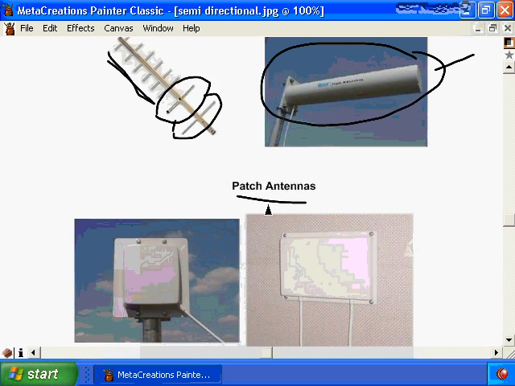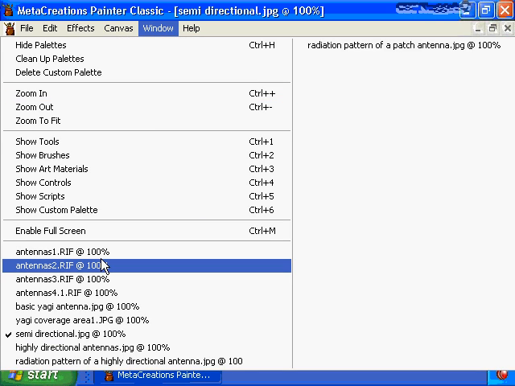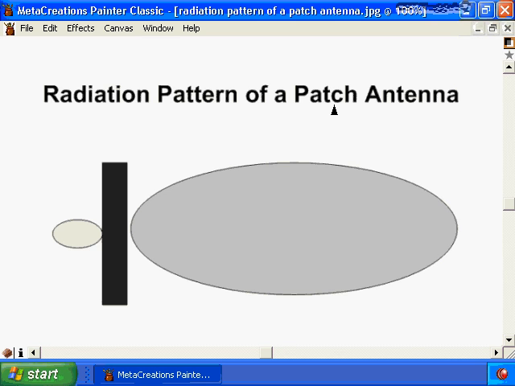Let's take a closer look at this by bringing up another whiteboard that illustrates the radiation pattern of a patch antenna. So we can see here from this illustration, this being the actual patch antenna, that the radiation pattern coming from this patch antenna is kind of an egg shape or an oval shape.